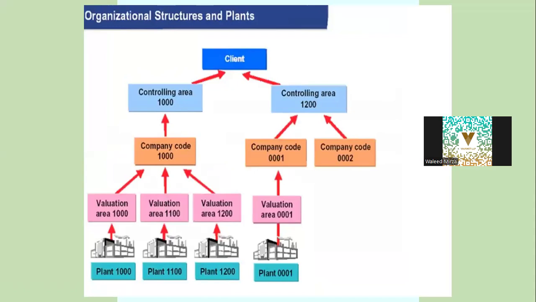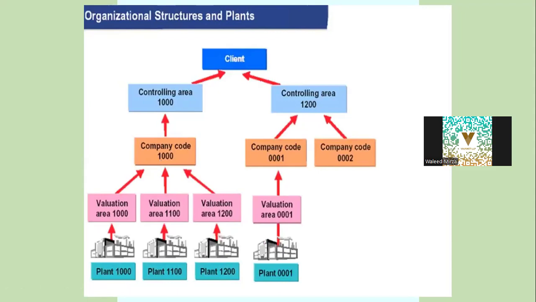Plants report to the company code, and company codes report to the controlling area. Controlling area is the costing area or management accounting area, so that sits on the top. Valuation area is nothing but your plant. It evaluates all the stocks, consumption, whatever operation happens at plant level. Valuation area reports to company code.